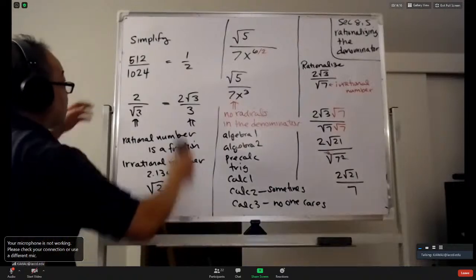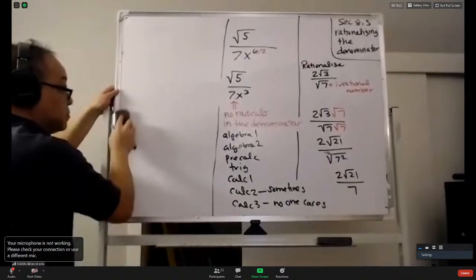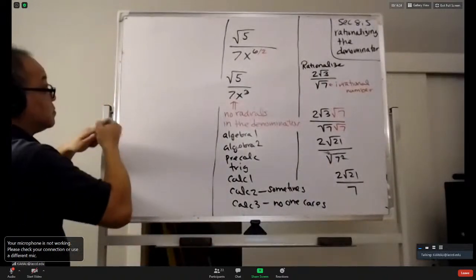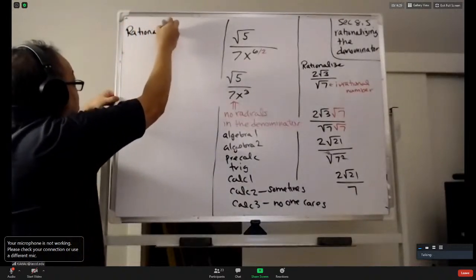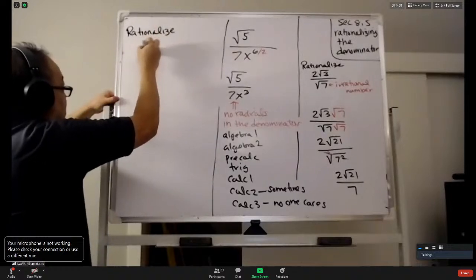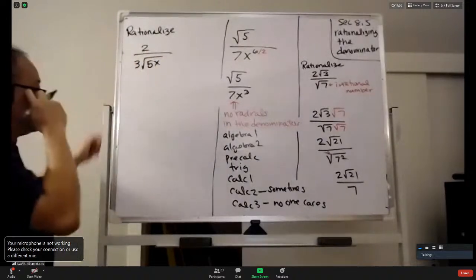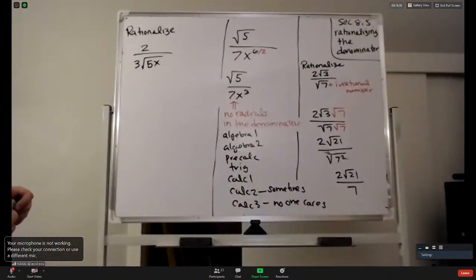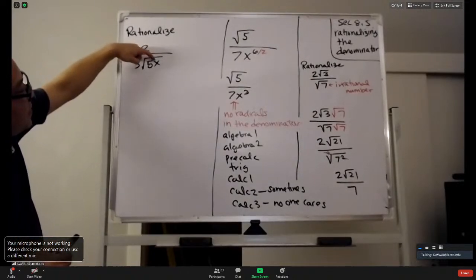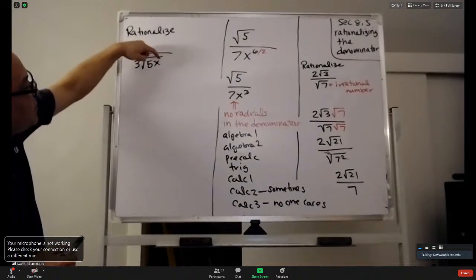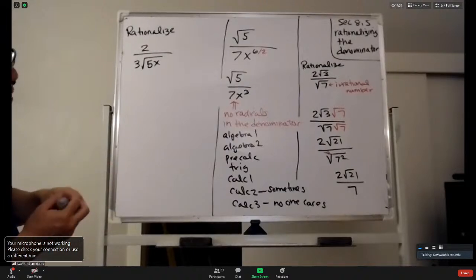So let me give you one to try. Now, since my index is 2, I need 2 5s and 2 x's to free it from the radical.